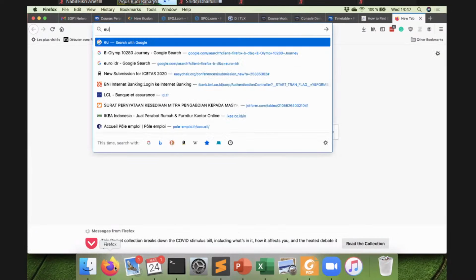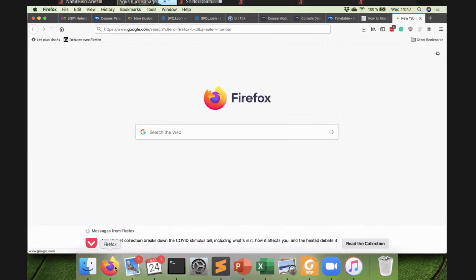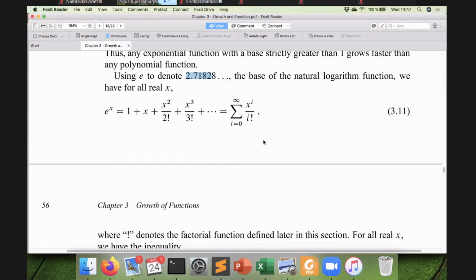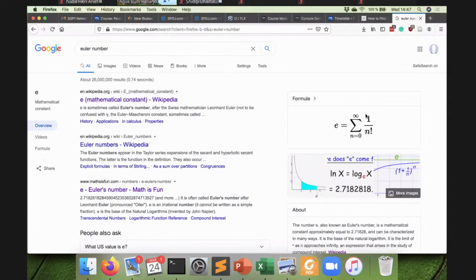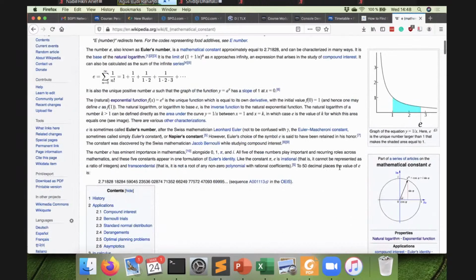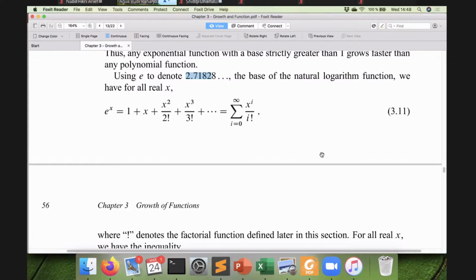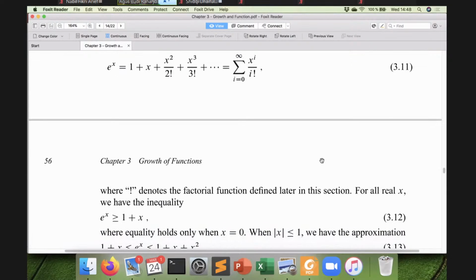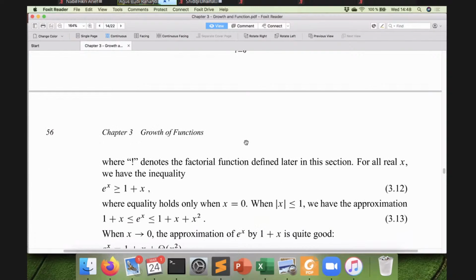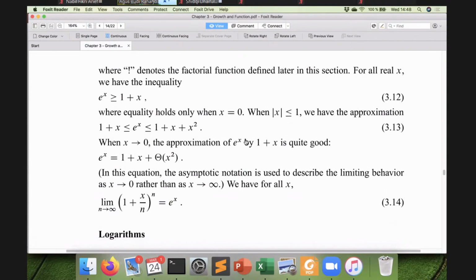We call it Euler number. Leonhard Euler. So this one, okay. Euler number, natural logarithmic function. And this is factorial, so it's widely known for you, hopefully.